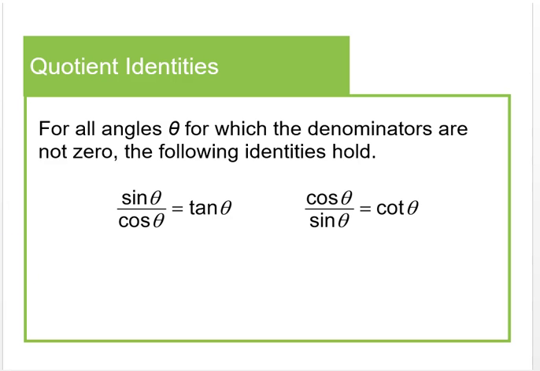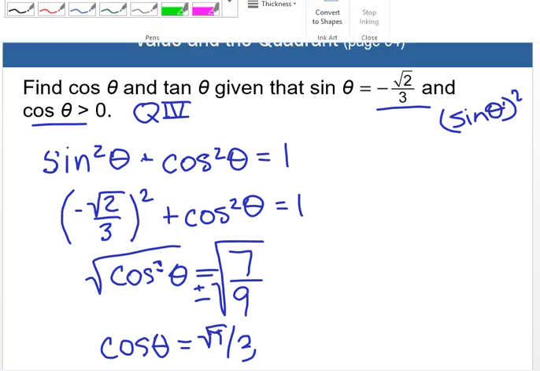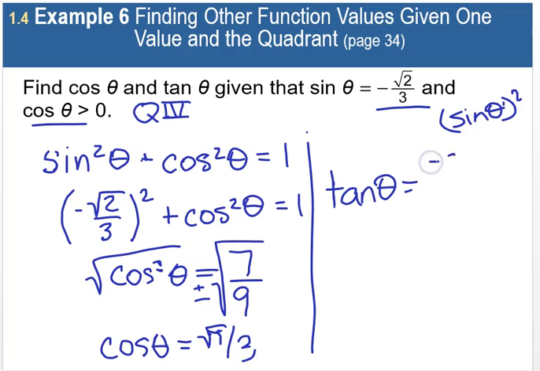Well, since we know both sine and cosine, we can use this quotient identity right here to figure out what tangent of theta is equal to. Let's do that. Tangent of theta is equal to sine theta over cosine theta, so negative square root of 2 over 3 over square root of 7 over 3.